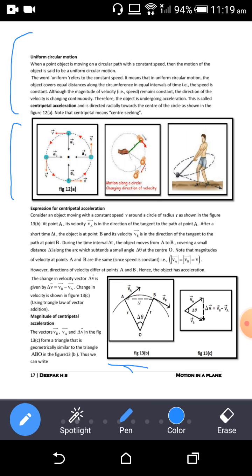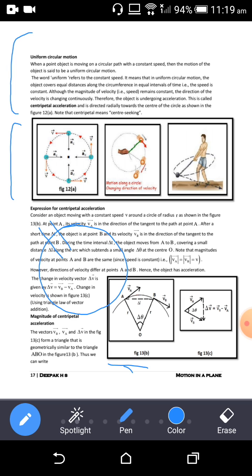We will consider that it covers a small distance delta L. Consider a circle, and consider only a small part of it. When you consider a small part, it will be almost like a straight line.